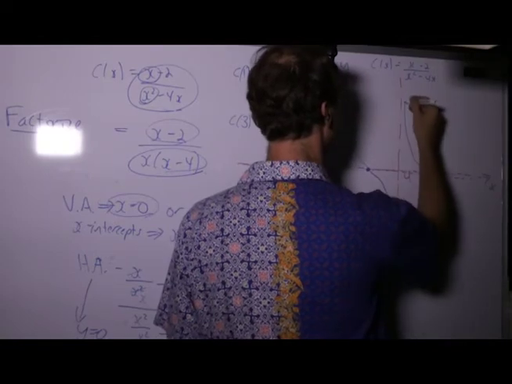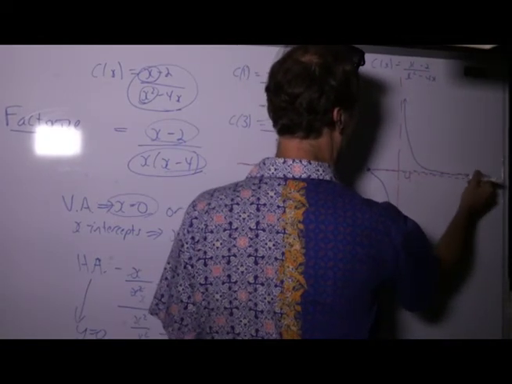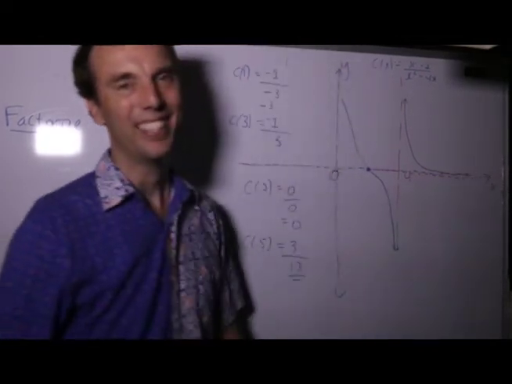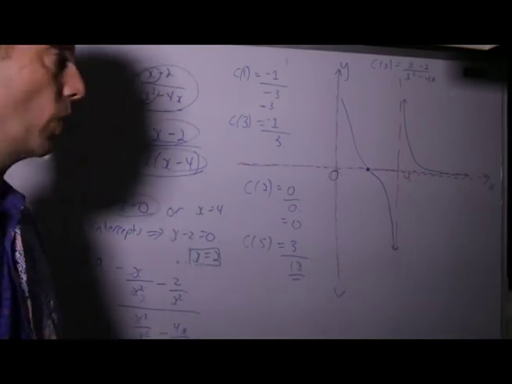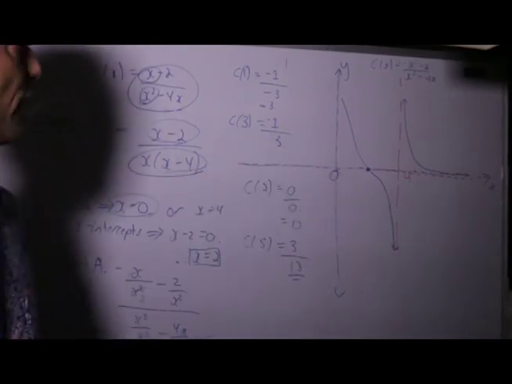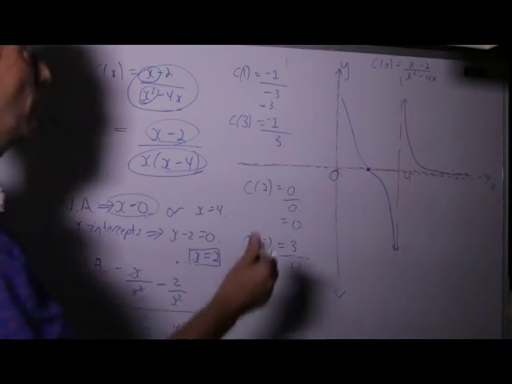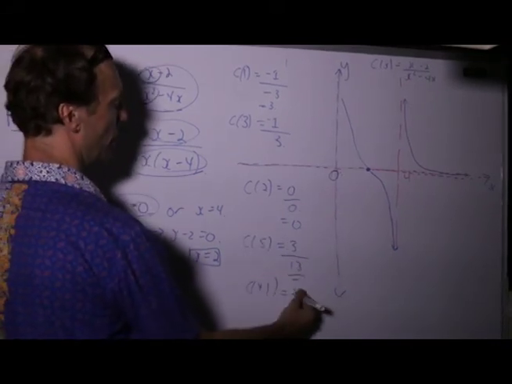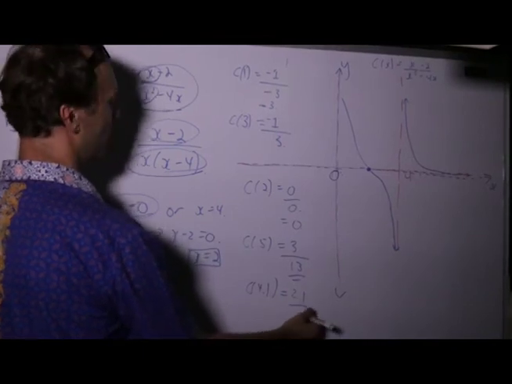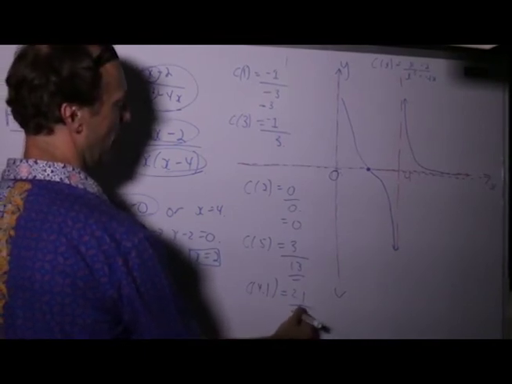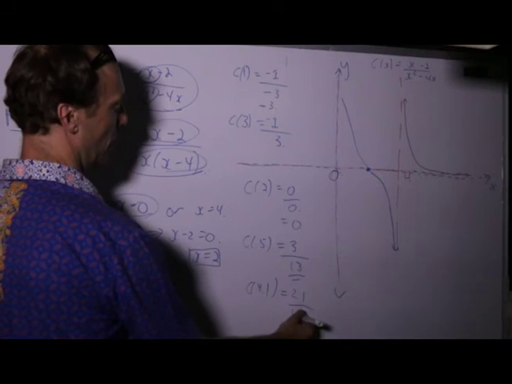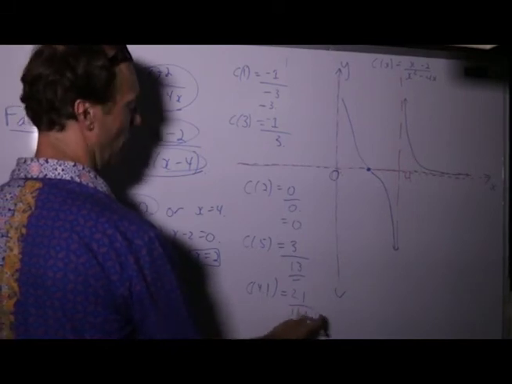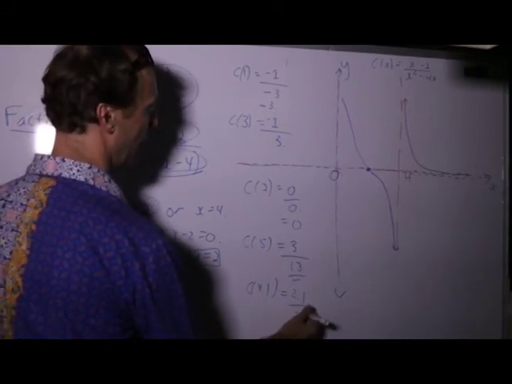I'm almost positive that we're going to get something like this, because it's approaching the horizontal asymptote y equals 0. I bet if you test 4.1, we can just check something like this. We don't have to check the exact values.